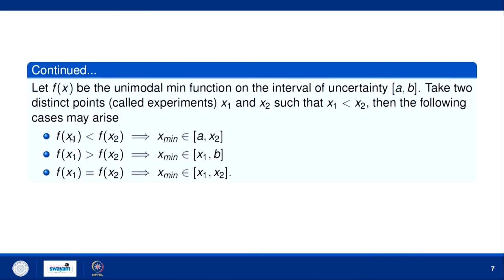See, if x 1 and x 2 are like this, that f x 1 is less than f x 2, then x minimum will belong to this. That means now the new interval of uncertainty is a to x 2 instead of a to b, and then you will perform the same method on this interval, and if again it comes out to be this, then again the size of the interval will decrease, and the process continues till you get the required accuracy.